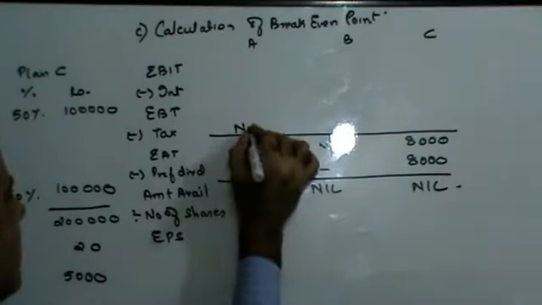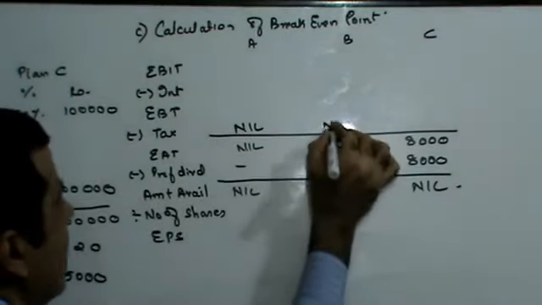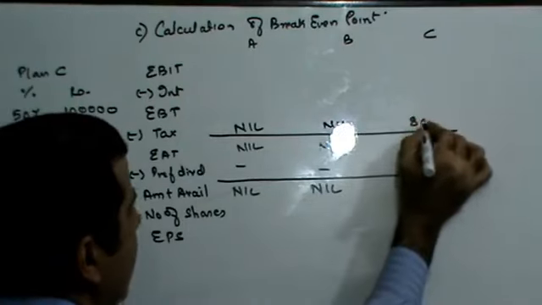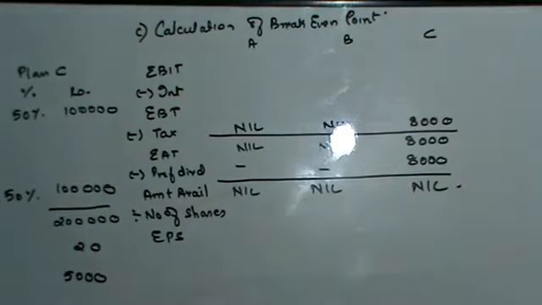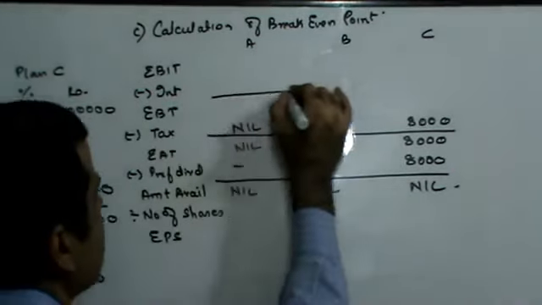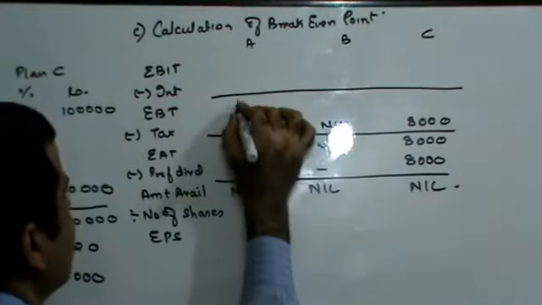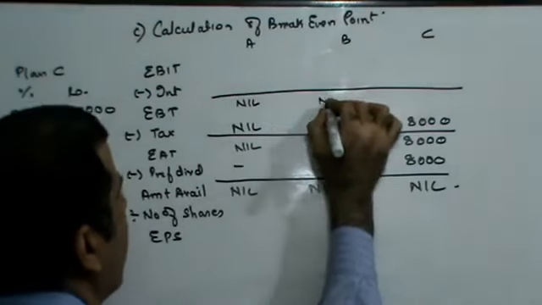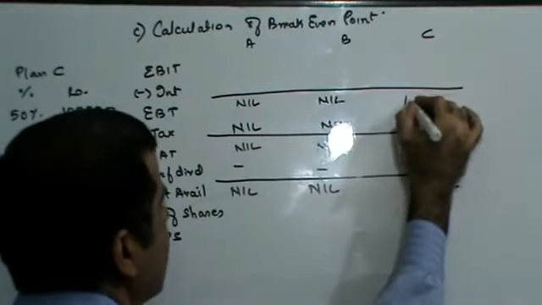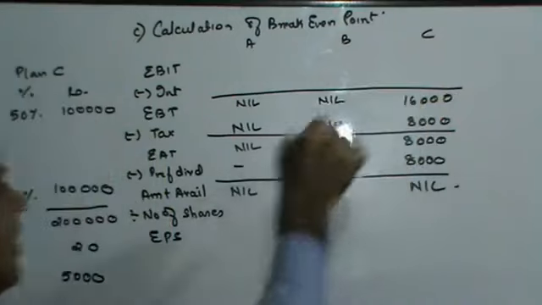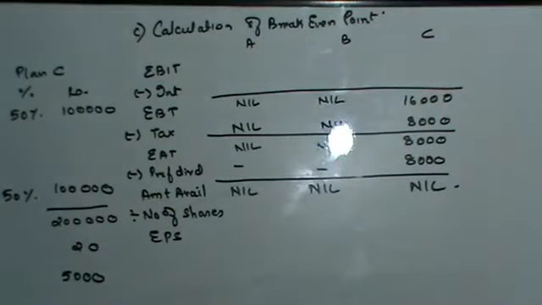So if EAT is nil, tax will be nil, nil and 8,000. EAT and tax rate will be same because tax rate is given to you as 50%. So in that case, this will be nil, nil, and this has to be 16,000 because 16,000 minus 8,000 will give you 8,000.